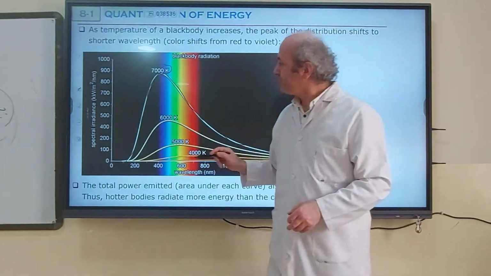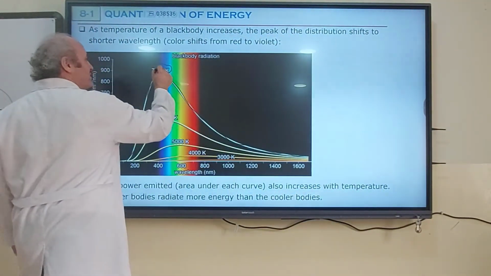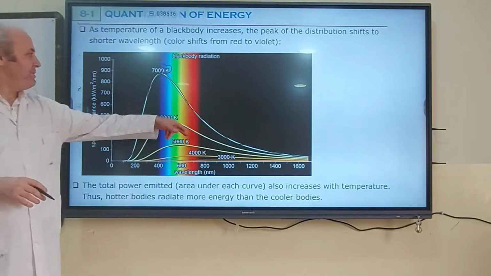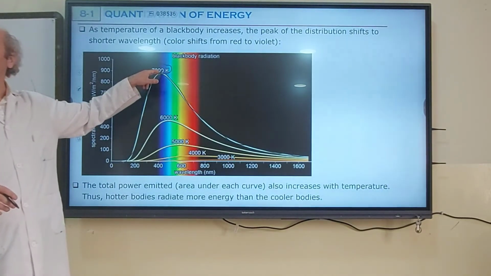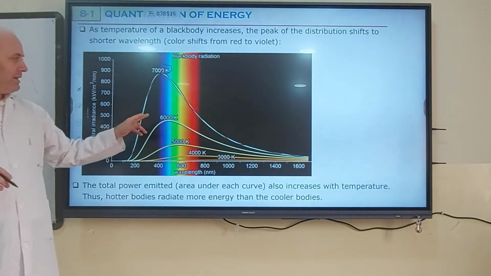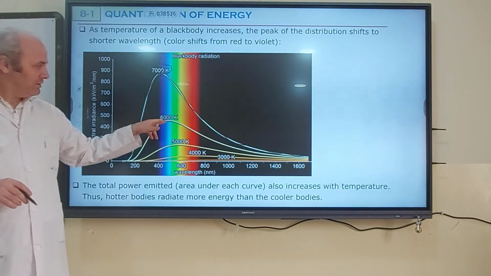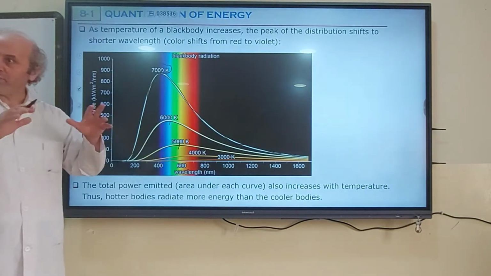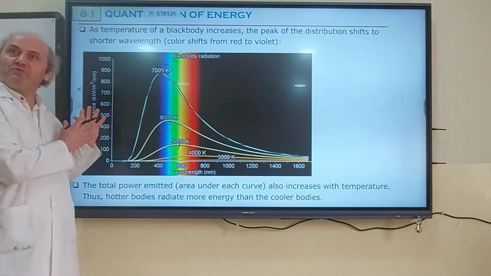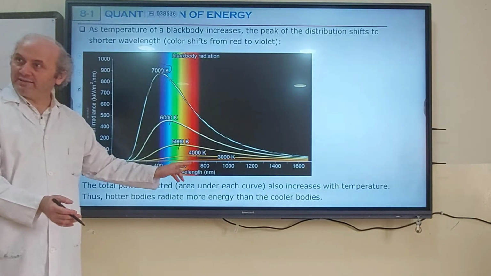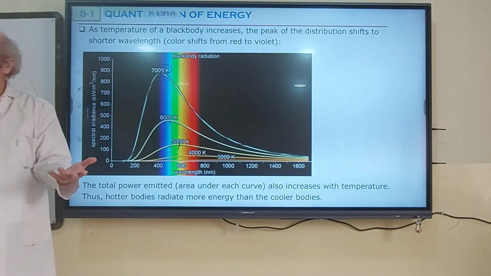Look at now. When the surface of the black body is 7,000 Kelvin, the peak of this curve is at what color? Violet. 6,000? Blue. 5,000? Yellow. And as temperature decreases, the color shifts from violet finally to red. That is, this is in fact what we expected.